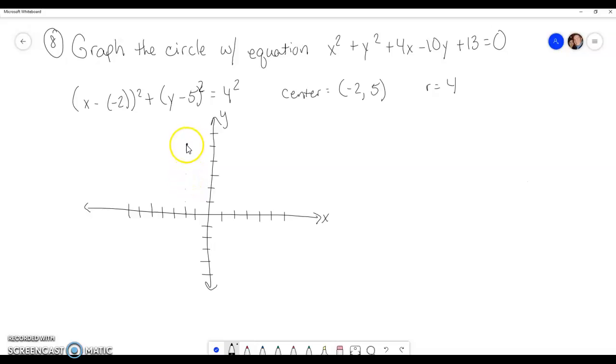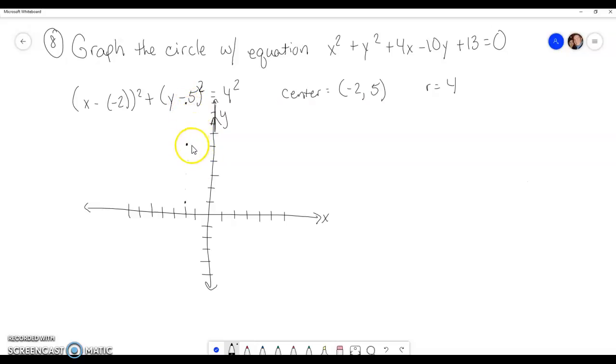So this is my center. My radius is 4. I'm going to want to go up more here. So this is 1, 2, 3, 4. So that means I'm going to go 1, 2, 3, 4. I'm going to have a point here. I went up 4, 1, 2, 3, 4. I'm going to have a point here about.